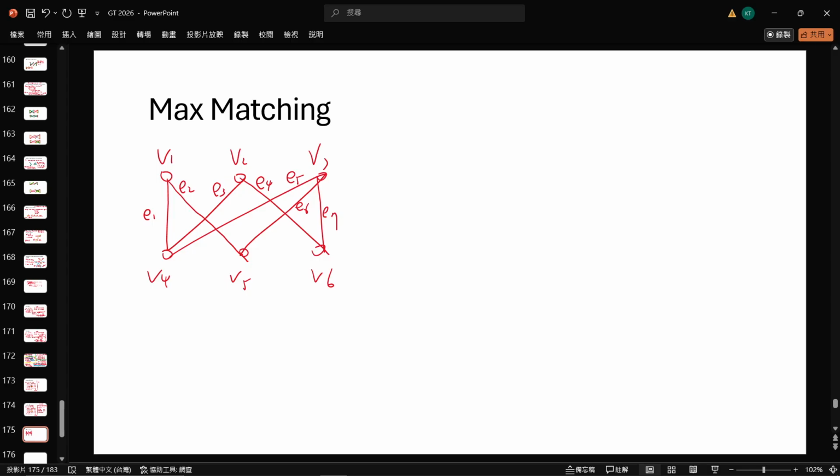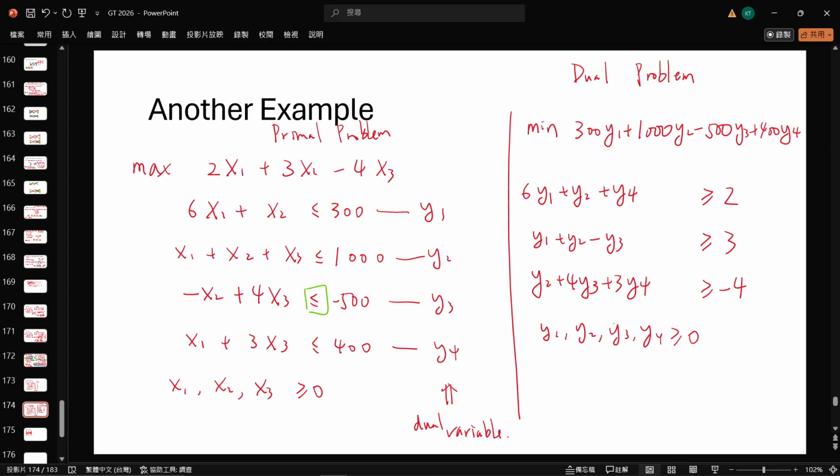So what should be the variables for this maximum matching problem? In the discussion of the previous problems, there are basically a few elements. First, what is your variable? Second, what is your objective? Third, what are your constraints? And all the constraints have the same form. The form is that it's a simple linear inequality.